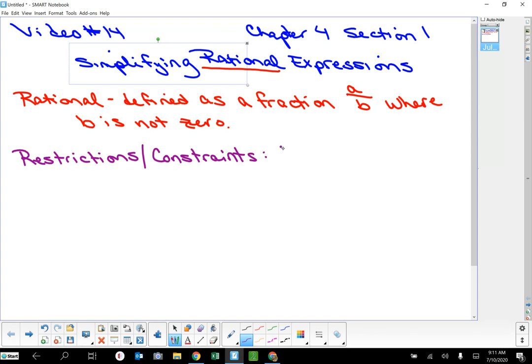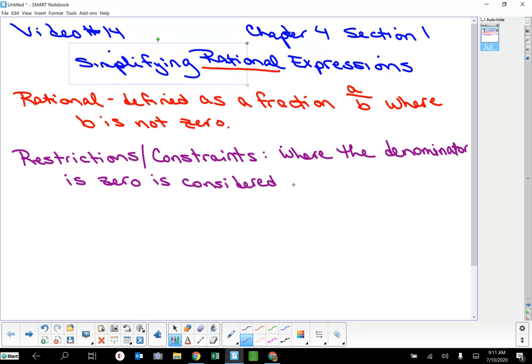So where the denominator is 0, which we know it can't be, where the denominator is 0 is considered a restriction. So you're going to have to find those.